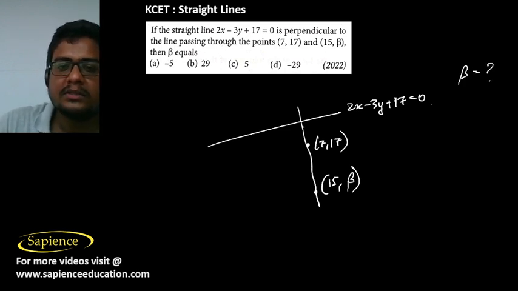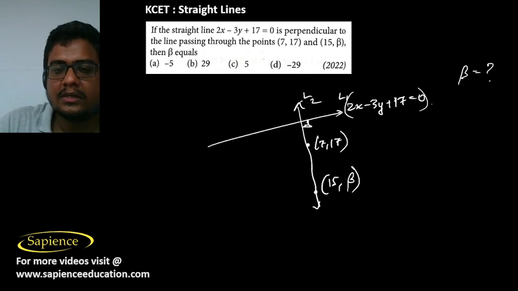Since this line L2 is perpendicular to this line L1, the product of their slopes should be -1. M1 times M2 should be -1.